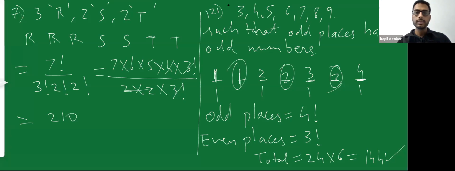So copy down this. If you have any doubts in any particular step, ask me. Let me know in the chat box again. If no doubts, type in no. If you have doubts in A, B, or like 7th question and 12th question, type in that question number. If you're having any step doubt, ask that doubt. If no doubts are there, I'll move to next question. So Aditya is saying no doubts. Others?